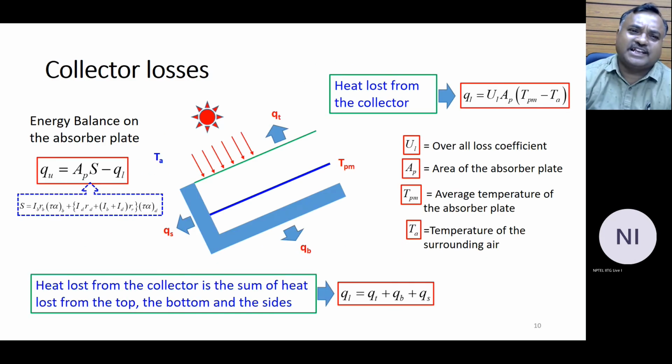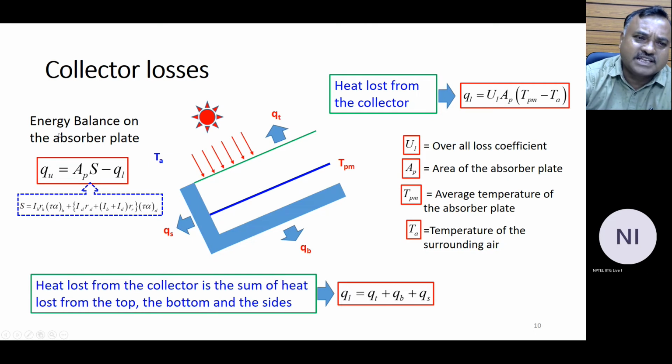So as far as collector losses are concerned, we can have this kind of configuration. This is a sectional view of a flat plate collector. This is insulation to reduce the heat losses. This is the side part and this is the bottom part, and heat loss is taking place from the top as well, right?